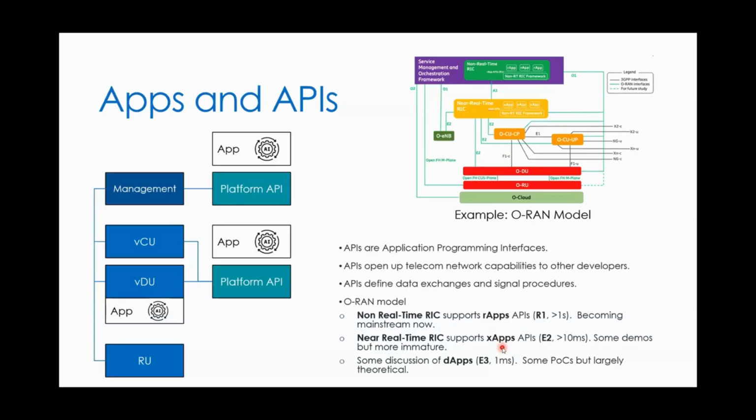Some companies feel it's really just the RAN function that's going to do whatever the xApp provides, and don't think there's a need for a separate interface and separate application. Other companies are looking at doing this, but rApps are probably here to stay. xApps are a bit more open to debate, and whether dApps come along, hard to say. So this is the general model, and this is the O-RAN version of that.